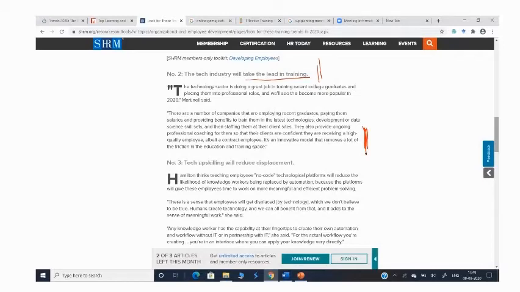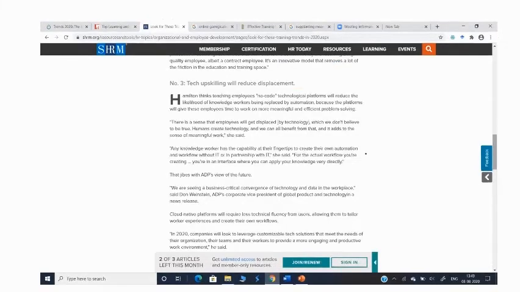Now, another thing we see here, I'll take it in the next slide, that is technology upskilling with reduced displacement. What sort of displacement are we talking about? Here we are talking about the displacement by AI, right? There is a lot of myth among people that AI is going to replace us.